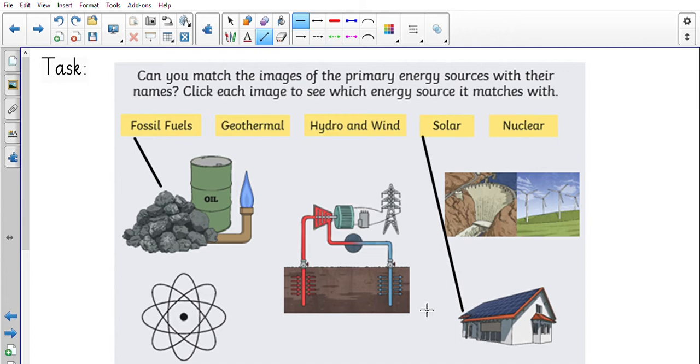Hydro and wind. Remember, hydro is water, so in the dams, and the wind turbines that we may see, the windmills. This one. And then we had nuclear, so nuclear power stations, you should have joined it to this one, and geothermal, things that are made from the earth.